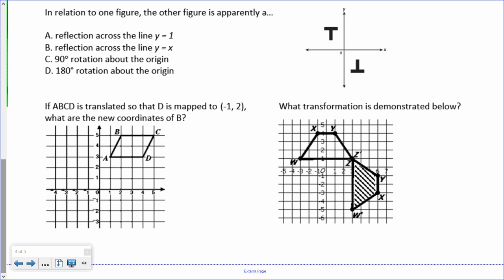Can these be reflections? Is there anything I can reflect over to have it twist like that? No. So we can already rule out A and B. You just have to figure out how much it was rotated. 180. 90 degrees would put it in this quadrant. 180 gets it into the quadrant across from it. Okay?